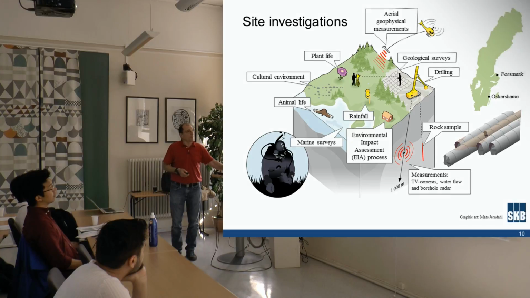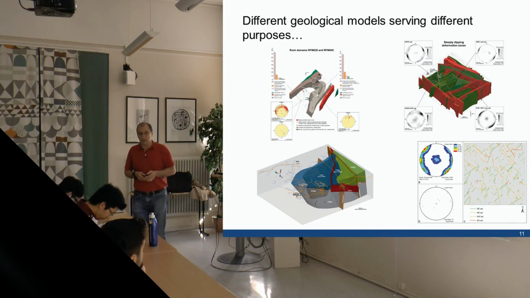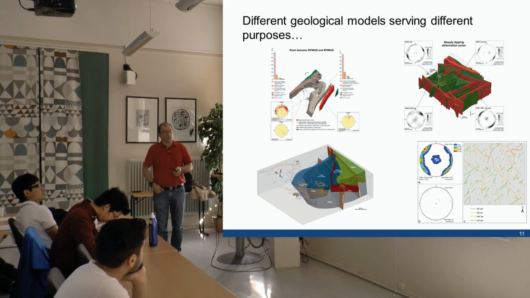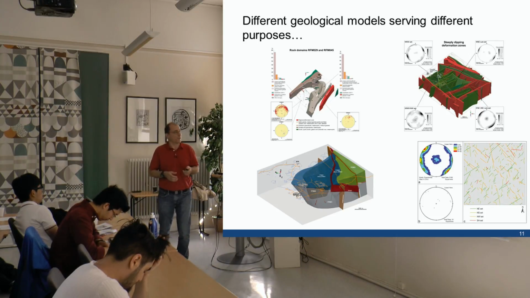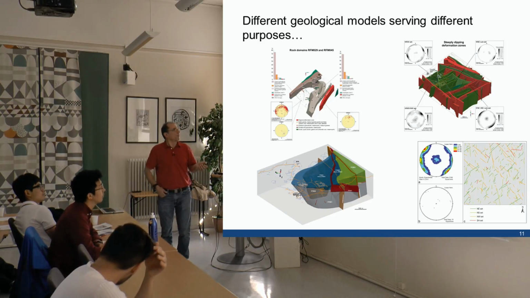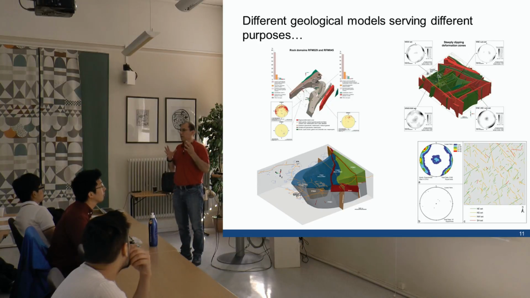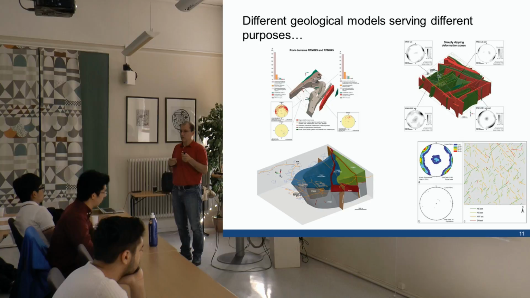And this altogether was finalized in different models. And you use different models, and now I'm talking about the geological models for certain purposes. For example, this is the rock domain model. This model tells about the properties of the rock.